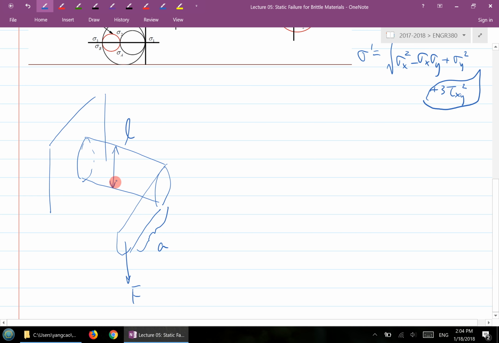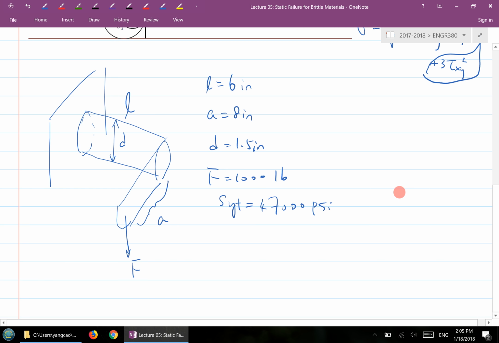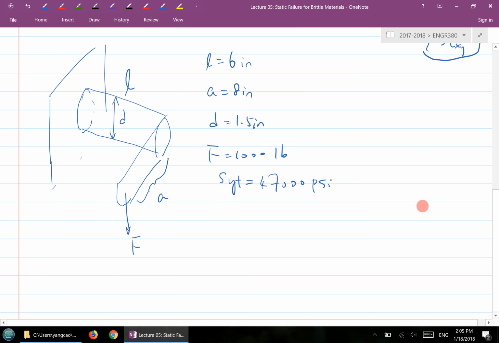The rod has a diameter D. So L equals 6 inches, A equals 8 inches, D equals 1.5 inches, F is 1,000 pounds. Consider a ductile material which has 47,000 psi. We want to analyze this simple system and make sure it's safe.